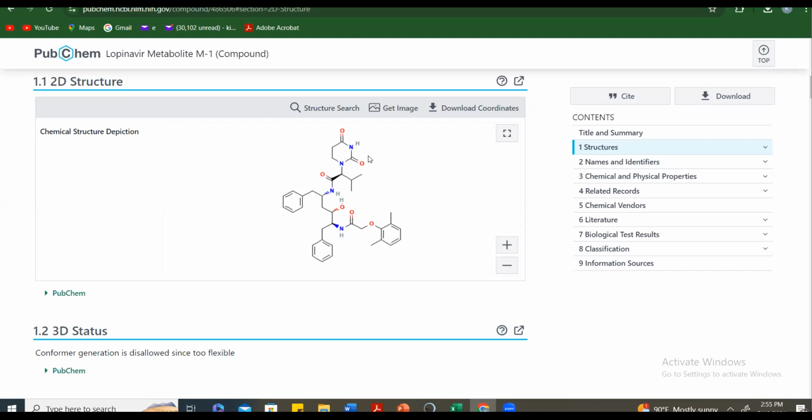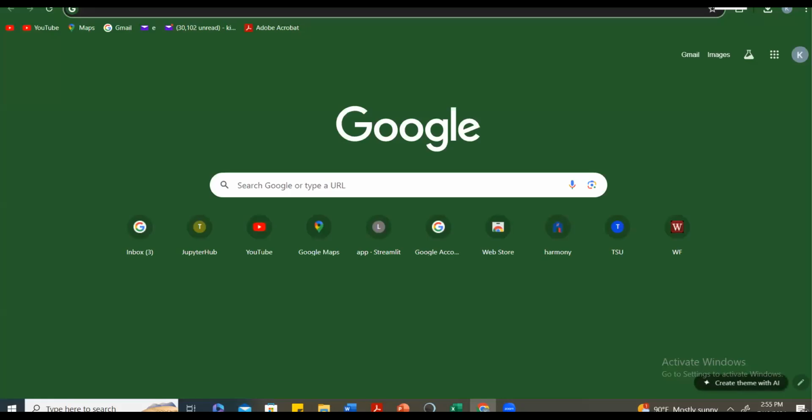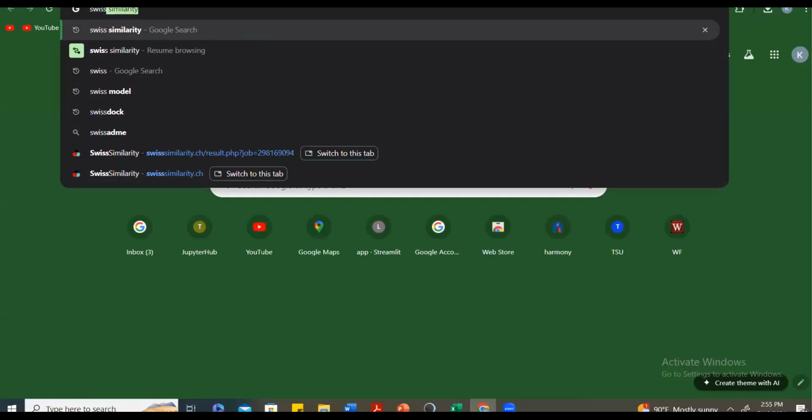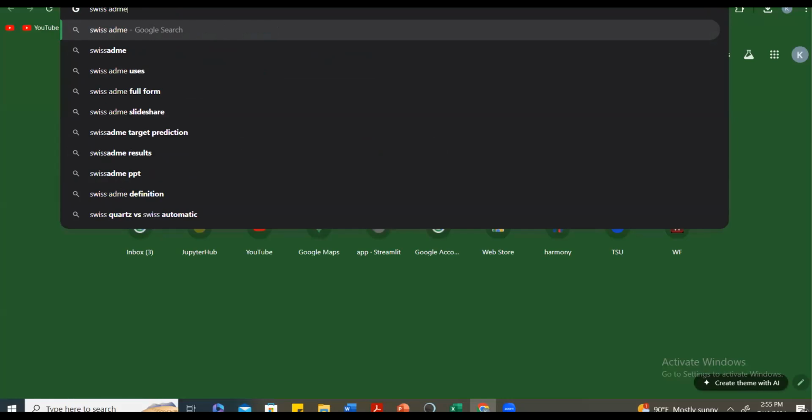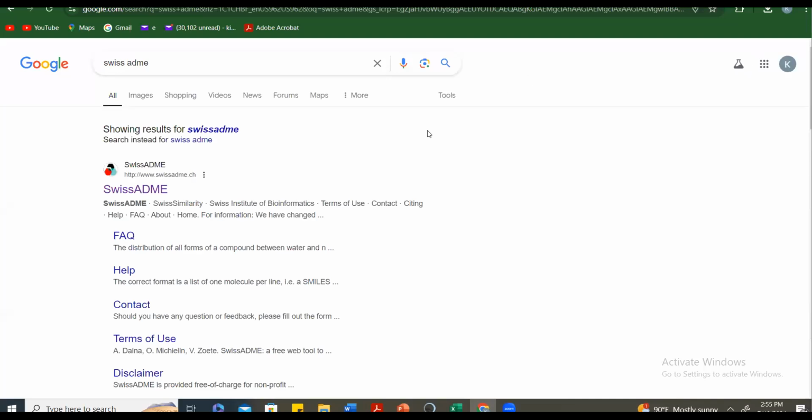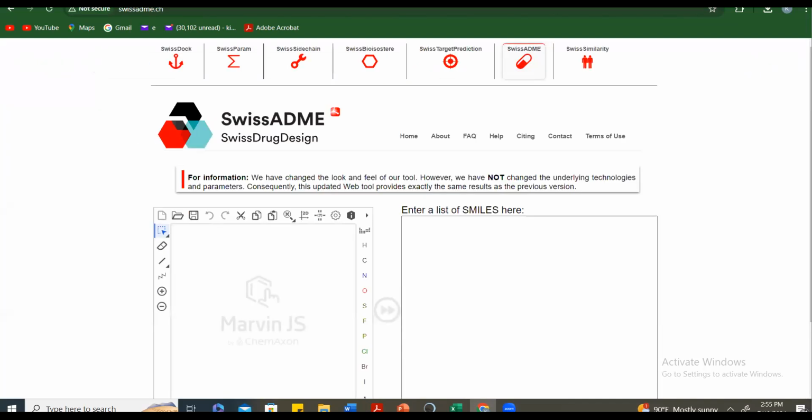To do that, there is this server called SwissADME. Let me put it in the chat for you guys. You can type it in your browser. SwissADME.